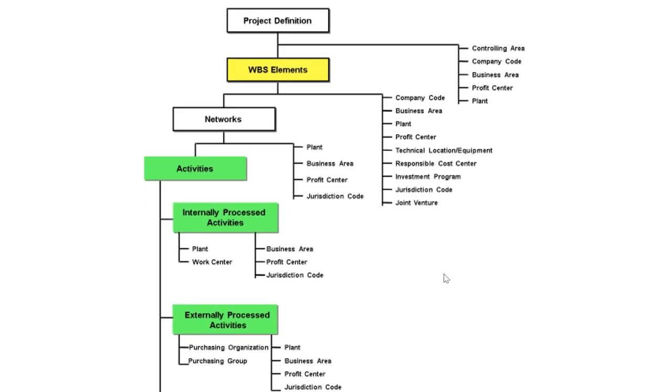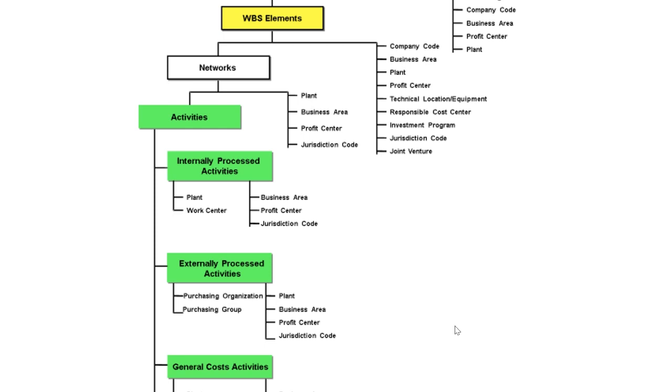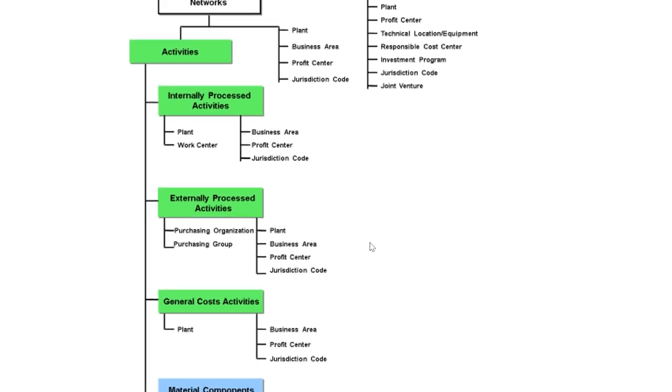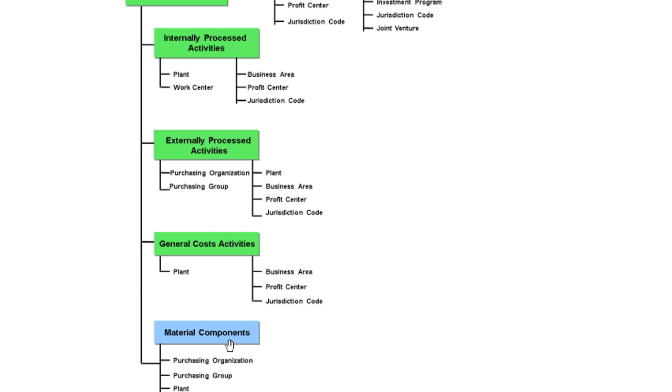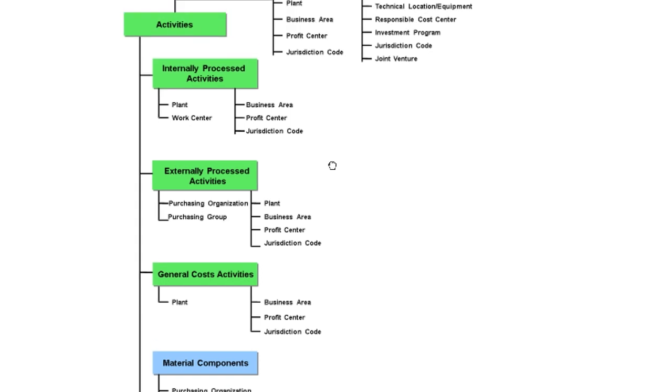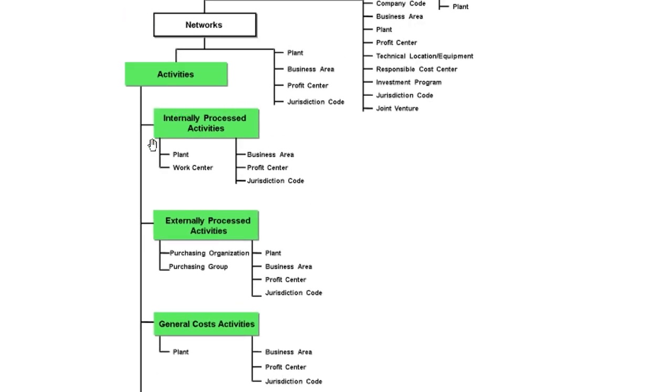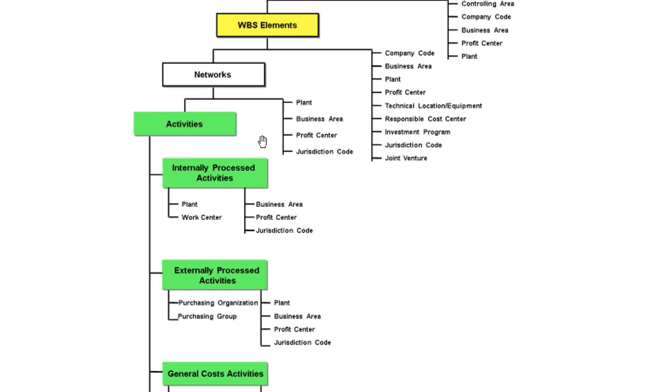There are four types of activities: internally processed activities, externally processed activities, general cost activities, and material components. These are four different types of activities that are available, and we can create individual or multiple activities accordingly.